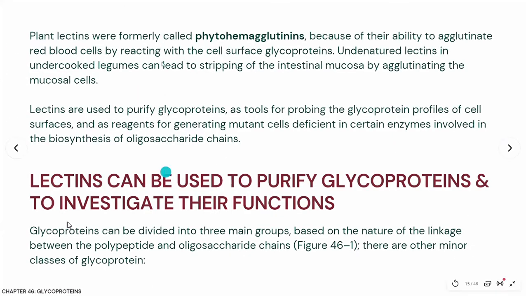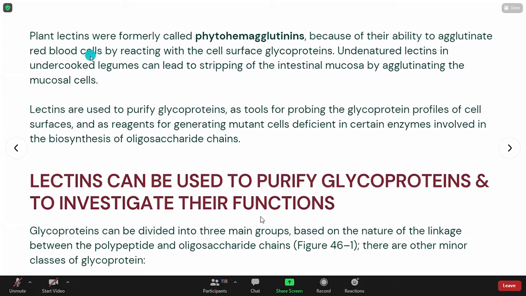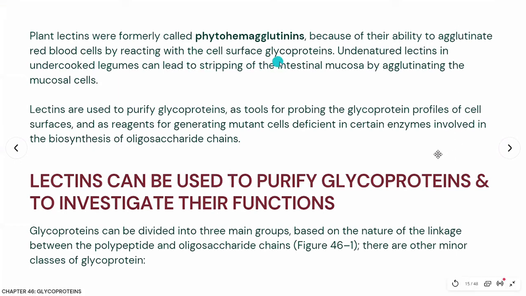Plant lectins are formally called phyto, for plants, hemagglutinins, because they are able to agglutinate RBC by reacting to the cell surface glycoproteins of the cell membrane of your red blood cell. Now you will find undenatured lectins in your food. These are in legumes when undercooked.